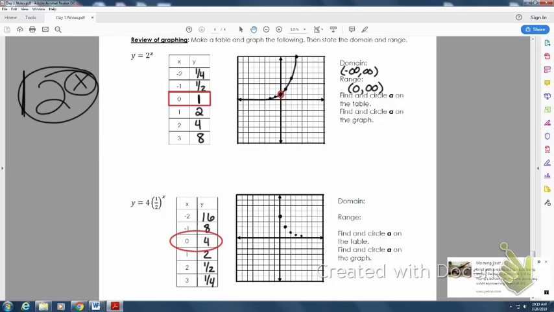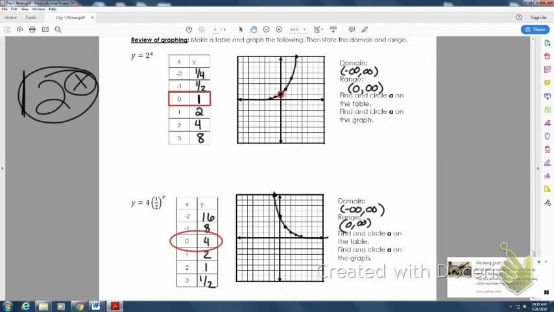And I may have messed up. I messed up those values. Those last two values, that should be 1 and then 1/2. Sorry. And on this one, because the asymptote is still at 0, your domain and range are going to be the same. That asymptote is going to move around next class whenever we're going to talk about transformations.